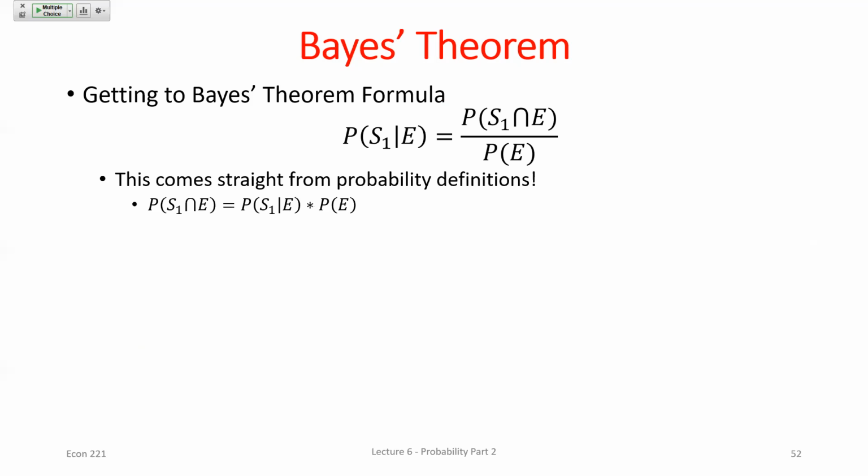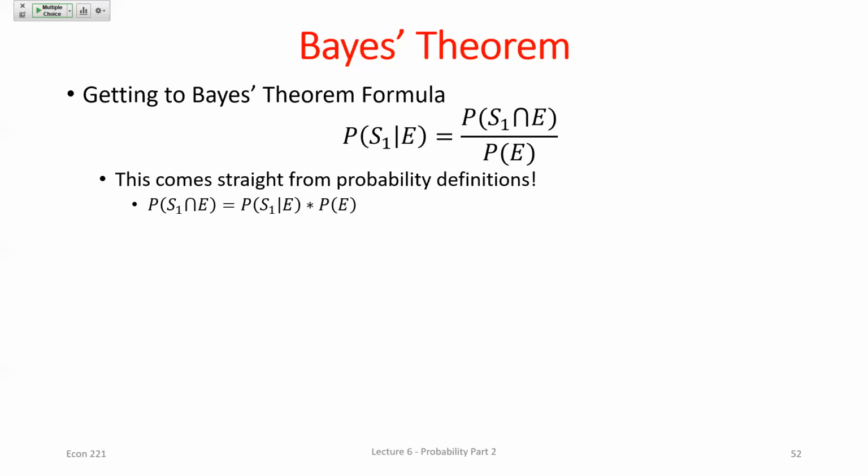So the first thing we're going to do is recall that using the multiplication rule, I can rewrite the intersection of two events as the conditional probability multiplied by whatever I'm conditioning on. Well, that doesn't really help me. I just said I don't know what the probability of E is. But remember, order doesn't matter.